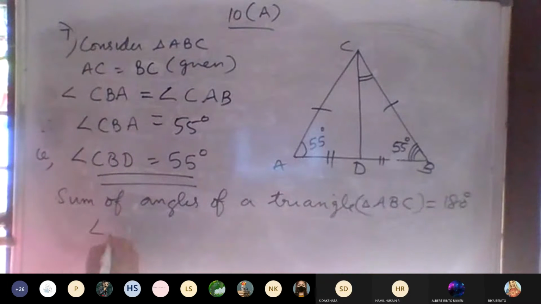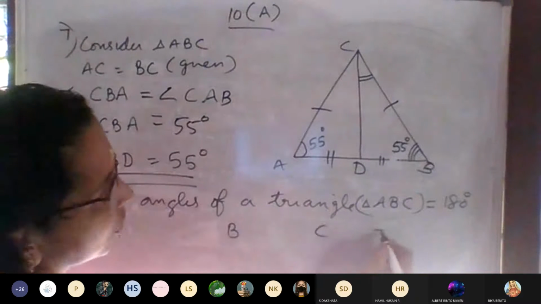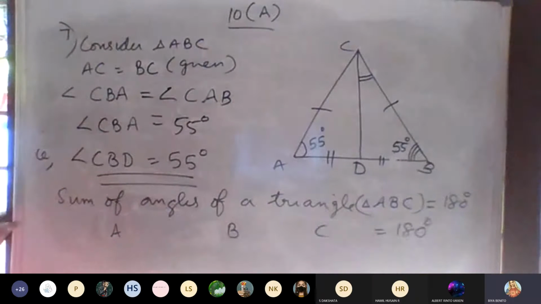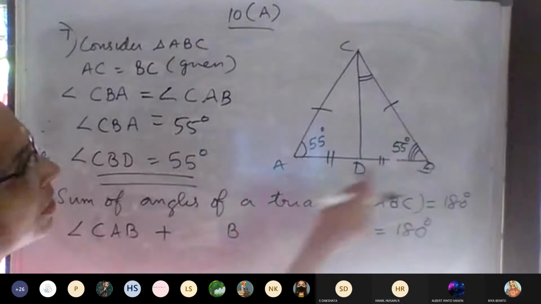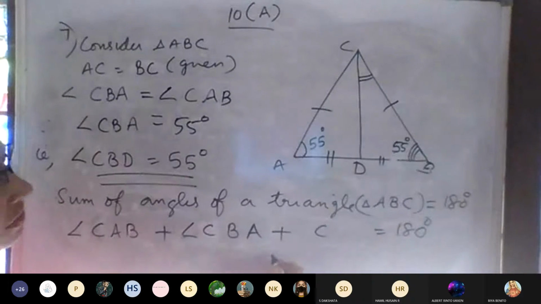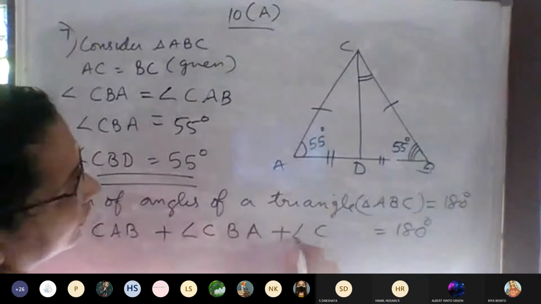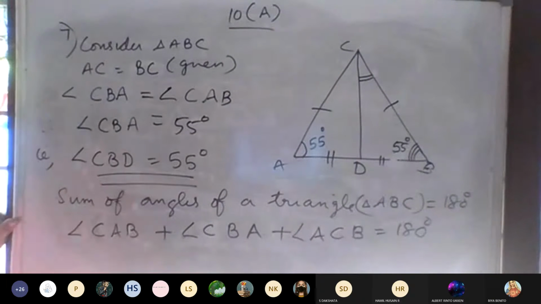That means angle A plus angle B plus angle C is 180 degrees. Angle A is angle CAB, angle B is angle CBA, and angle C is ACB.